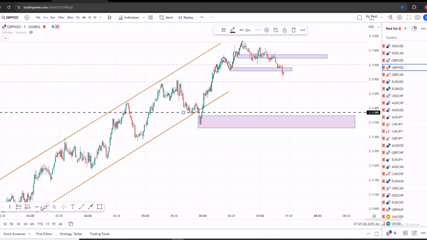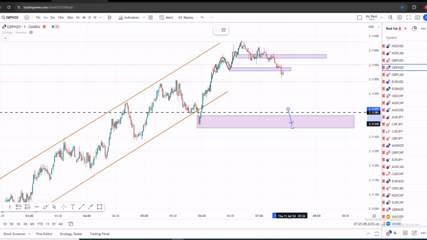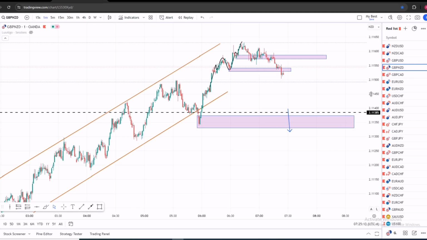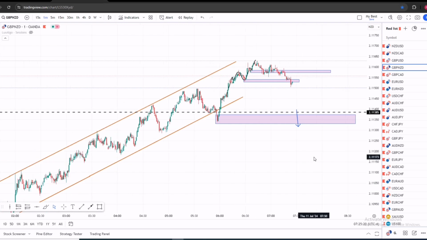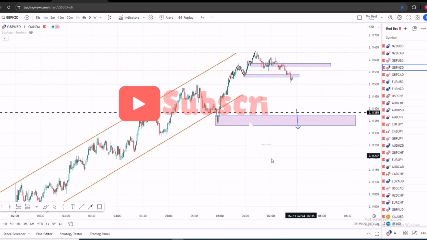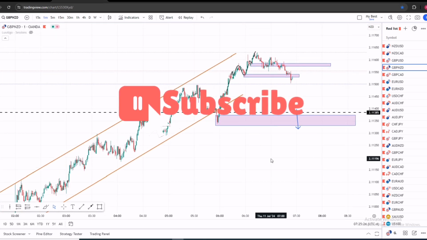I'm going to take profits there, and once price closes below this one, right there you even celebrate, because it means that the bigger trend is now turning around. That's where you can just close your Meta 5 app and go and relax, because this is now an intraday.